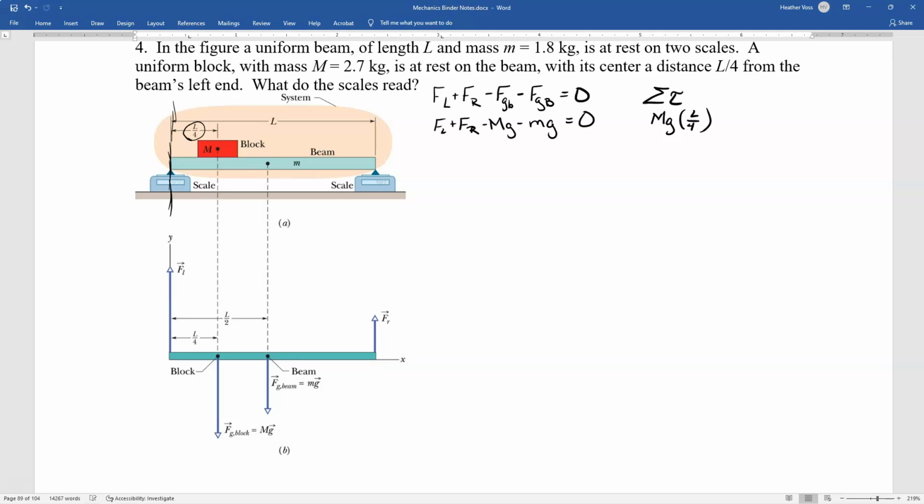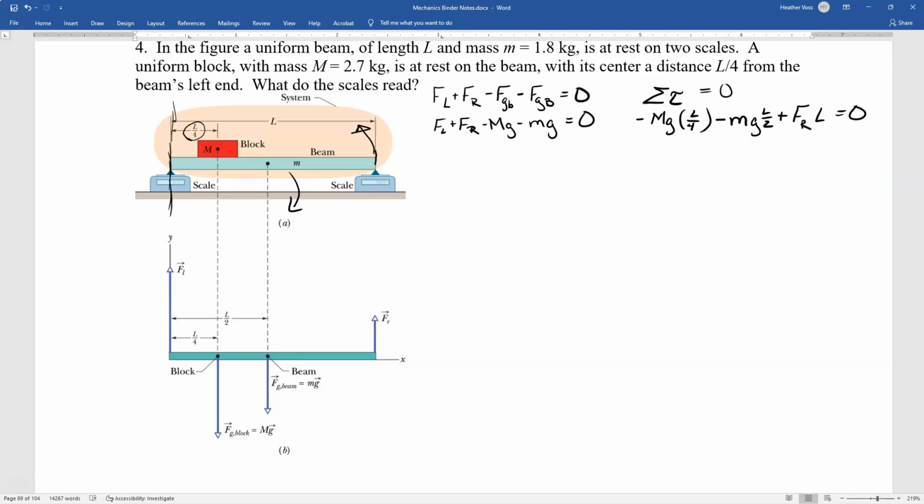Now that would be making it go clockwise, so that would be a negative torque. I would have the mass of the beam times G times L over 2. It would also be negative because it would be making a clockwise rotation if this wasn't here. Now this force is going to be making a counterclockwise rotation, so that's going to be positive, and that's going to be force right times the full lever arm L. And this should sum to 0 if we are truly in equilibrium. If we are truly at rest in static equilibrium, that should sum to 0.